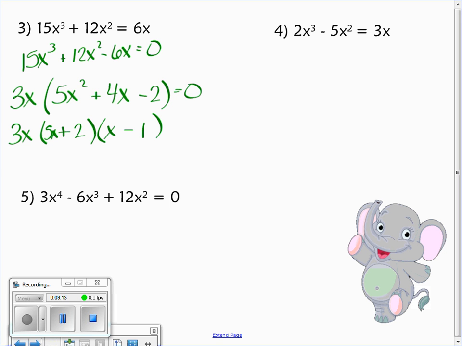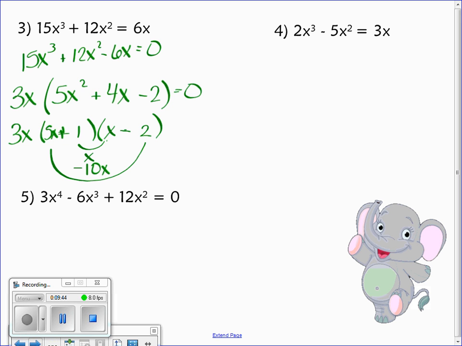Well, I could go 1 and 2. All right, so if I check this, I get 2x minus 5x. Does that give me a 4x? Oh, that didn't work. All right, so flip 5 and 2. So 1 there and 2 there. So that's going to give me 1x minus 10x. How about that one? Doesn't work.